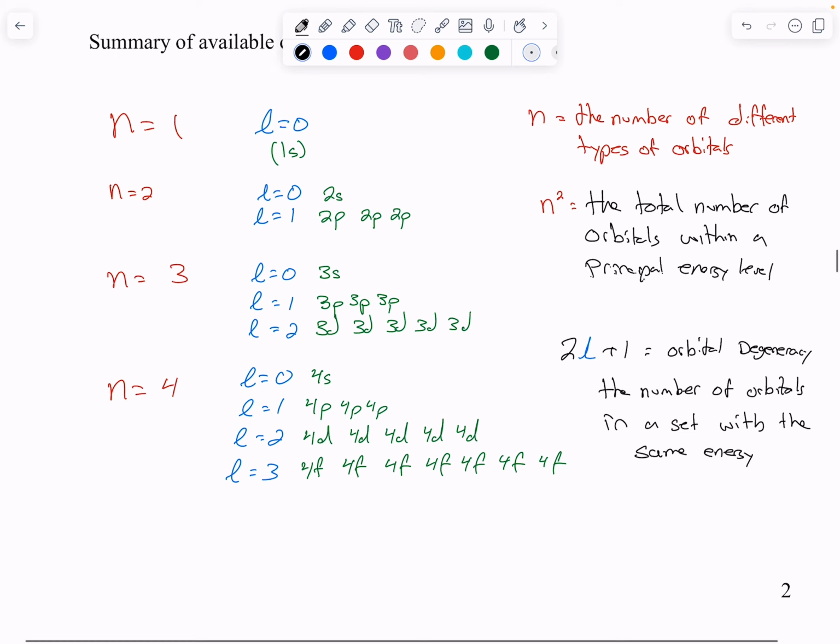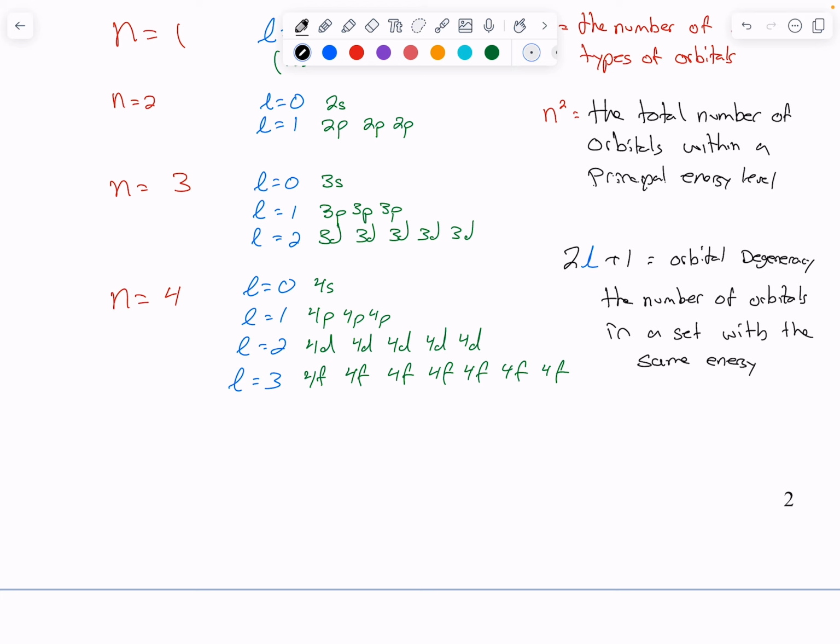Now, one thing that happens, which makes this very complicated, very hard to calculate, is that atoms other than hydrogen, right, with more than one electron, get interference between them, right? And so, let's write this down. Atoms other than hydrogen have more than one electron and get interference.